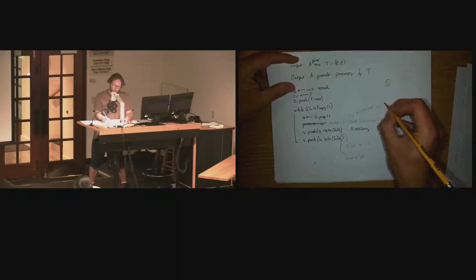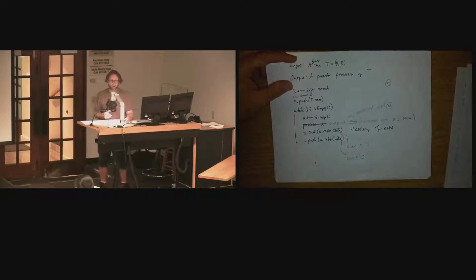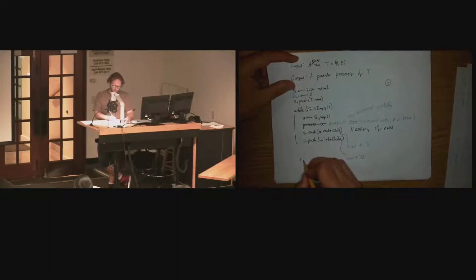with U, right? So this is really nice in Python because you can push tuples. So instead of pushing just a node, I would also push a string, a node and a string is what I would end up pushing into my stack. Right?